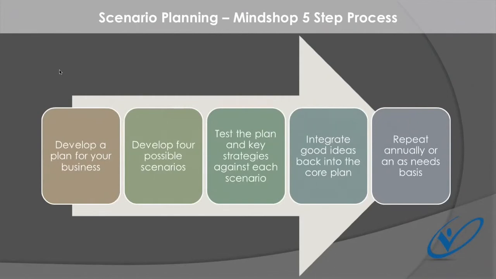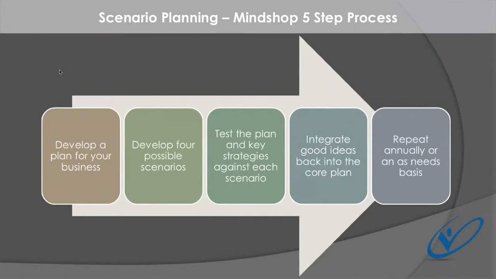But what you're going to end up with is a whole range of elements that you need to monitor to see which is coming true and which strategies we're getting. And my experience is when we've done it with more complex situations, different components of each scenario will start to come true and may influence the factors or the strategies that we put in place and how we address those. Apologies for the phone.